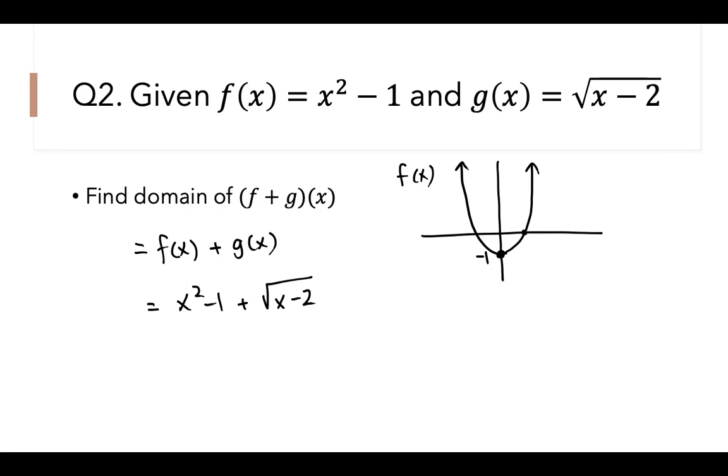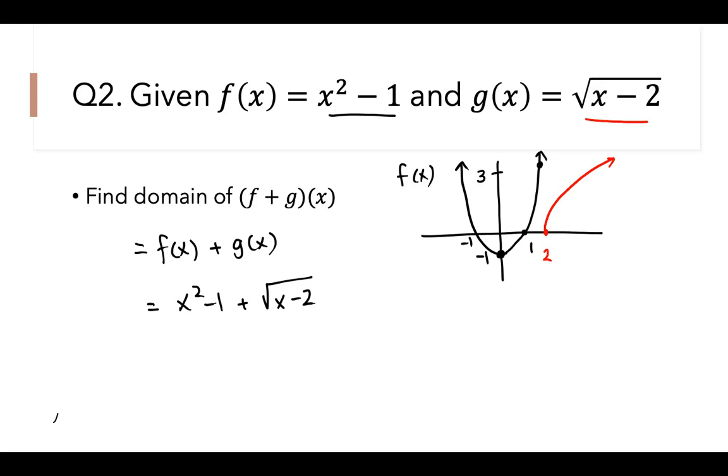It intersects at 1 and -1. We have g of x, which is the square root of x minus 2. So my starting point is at 2, and it's going like this, the square root function. You will notice that these two graphs will intersect. So when x is at 2, it's going to be at 3.